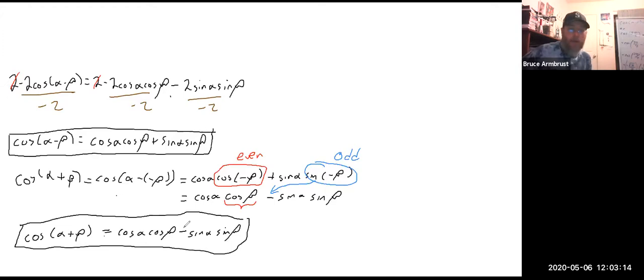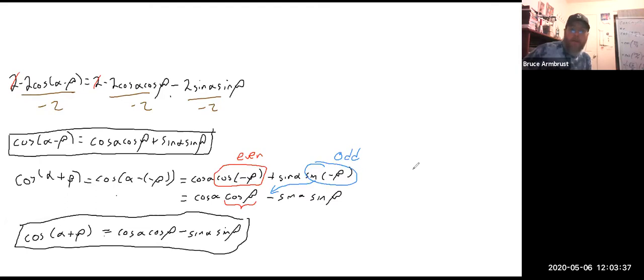All right, so we got this first identity by doing geometry. The second identity just sort of fell from it using the even and oddness of cosine and sine. All right, well, that's those two.